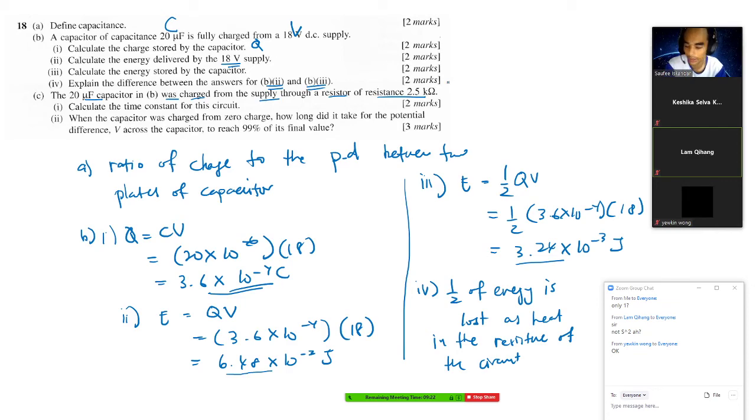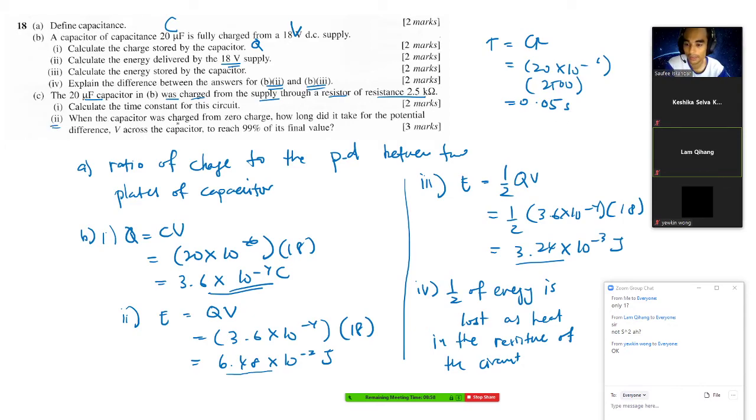Now we know that the time constant tau equals CR, and it will be 20 times 10 power negative 6 times R, that is 2500 ohm, and it will be 0.05 second.